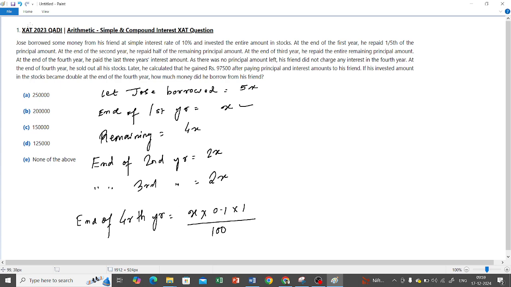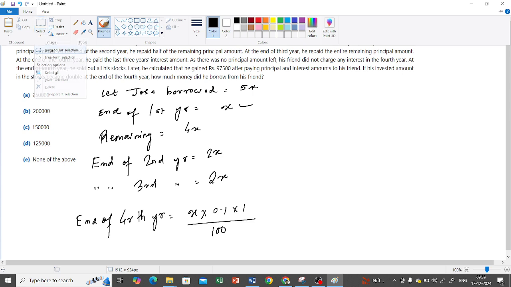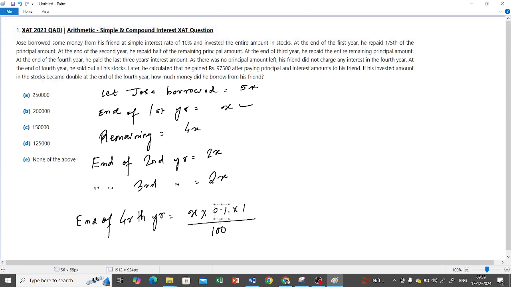This will be 10 because I have put 100 in the denominator. PRT by 100 plus, for 2 years the interest is going to be PRT by 100, because this 2x he is paying in the second year.